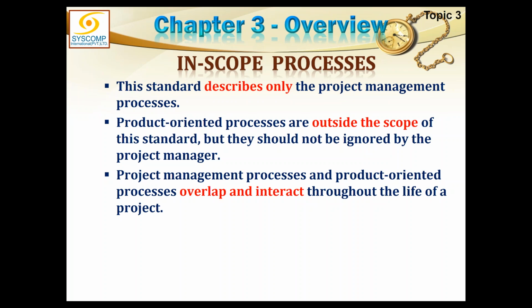But at the same time, as I said, they should not be ignored, because project management processes and product-oriented processes have to work together. They have to overlap, they have to interact throughout the life of the project, and therefore we cannot say that we can run a project just based on the project management processes. A project cannot be run just based on these 47 processes.